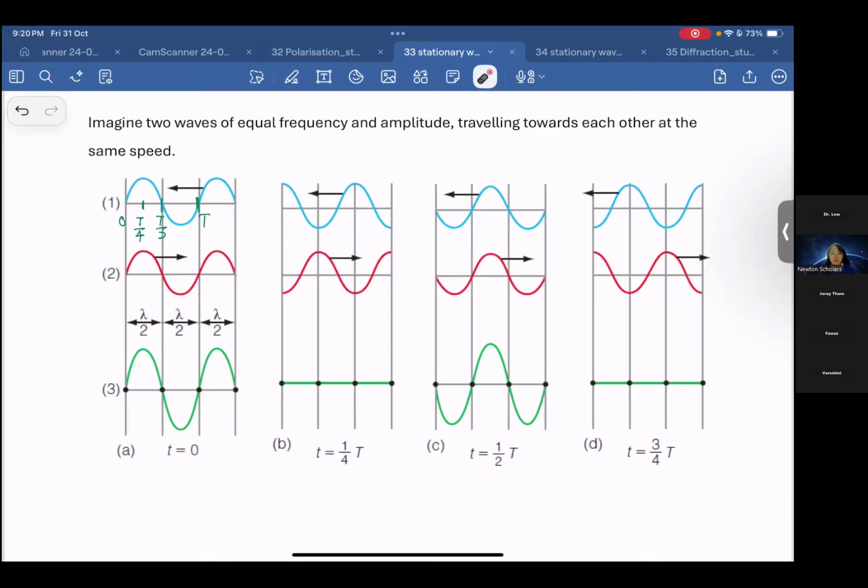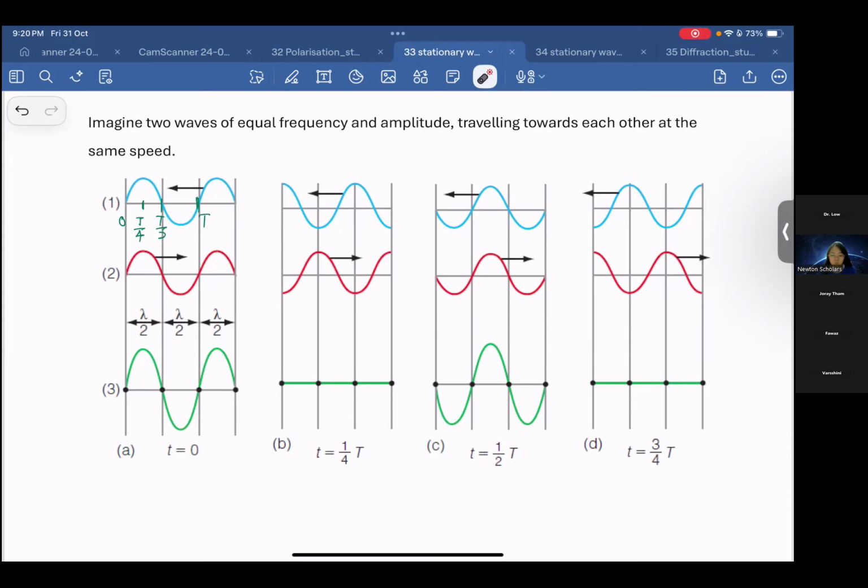Then you try to think, what is the pattern at 0.024 seconds? What should the pattern be? How many complete T, right dear?